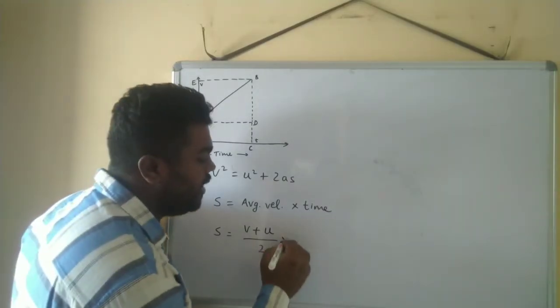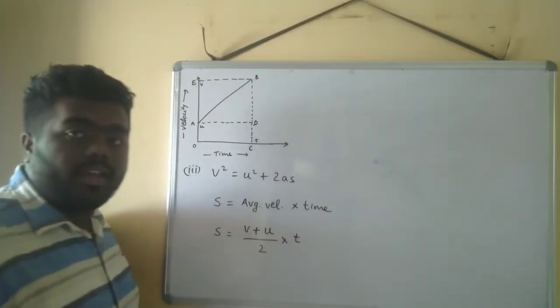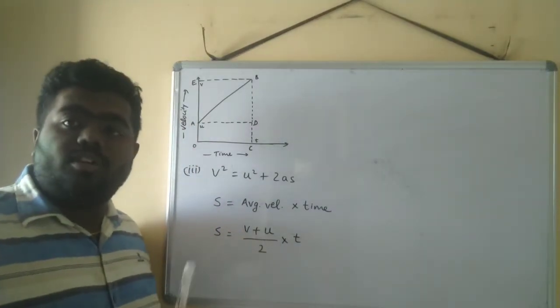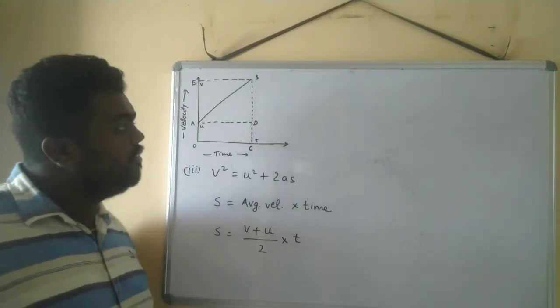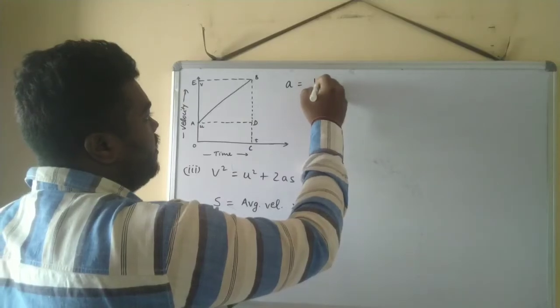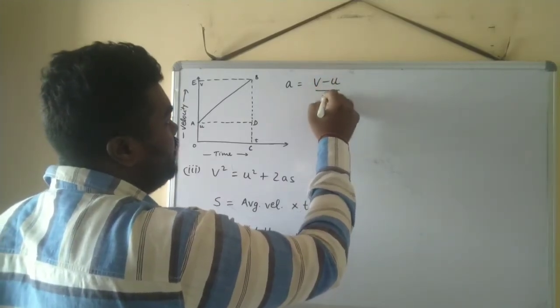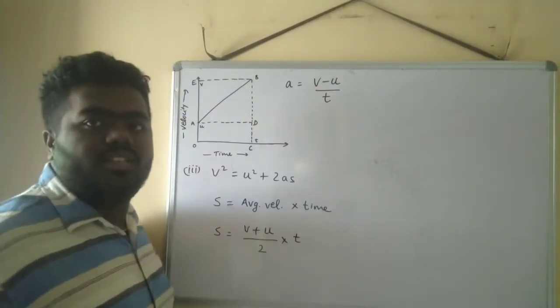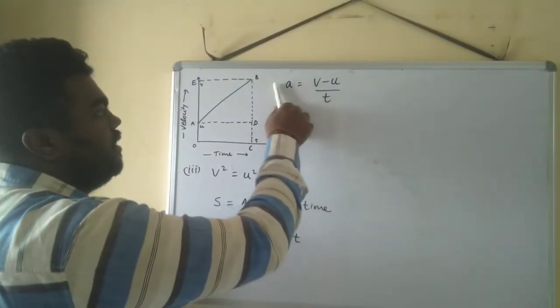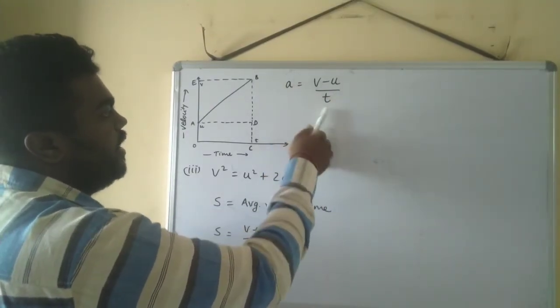Okay, into time t. Now we will substitute the value of t from the formula of acceleration. We know that acceleration, we have studied, is V minus U by t. Yes, we have seen this formula. Now when we are calculating the value of t from here, t will go here and a can come down.